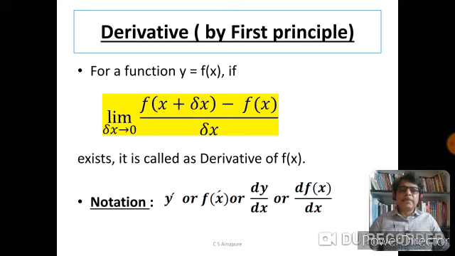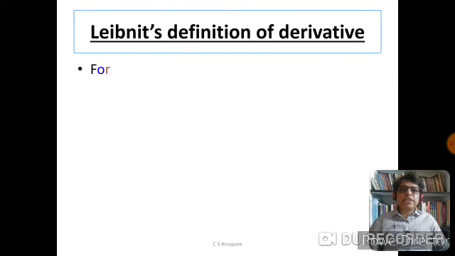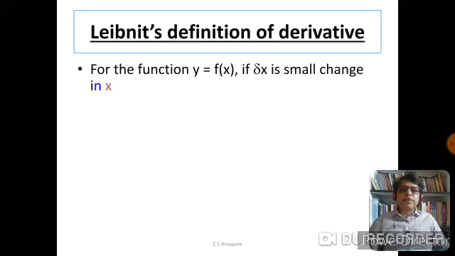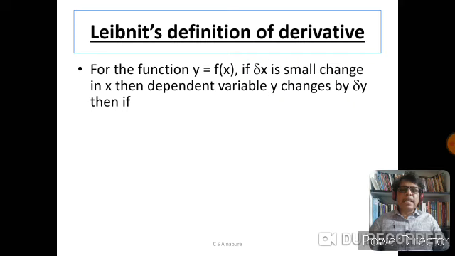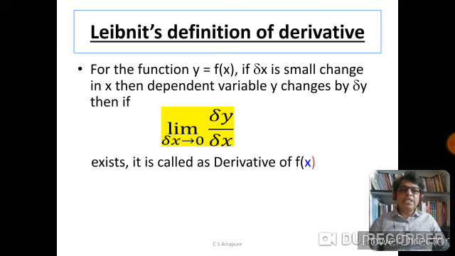And Leibniz has given another definition. If the numerator, that is the difference between the values of the y coordinates, is denoted by delta y, then we will get the second definition, the Leibniz definition of derivative. If we consider delta x as a small change in x, then y changes by delta y. Instead of f of x plus delta x minus f of x, the notation used is delta y, and then this limit, if it exists, is called the derivative of f of x.